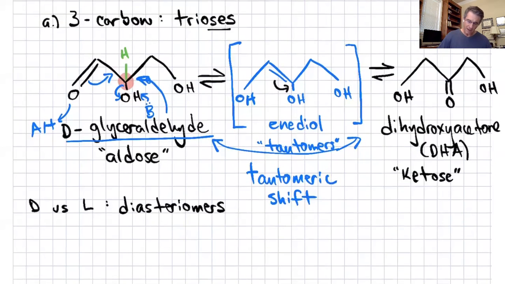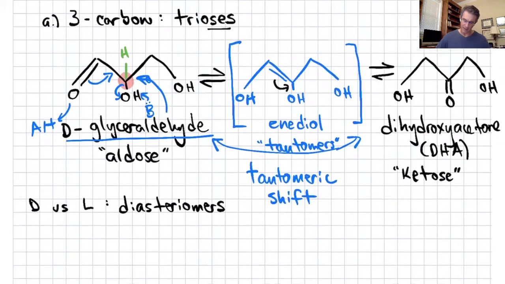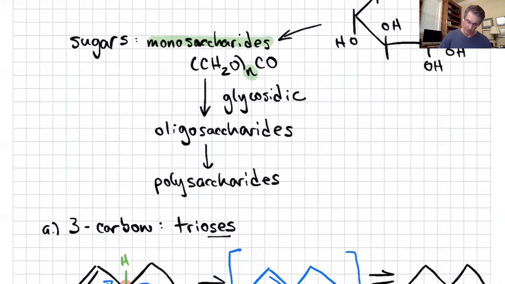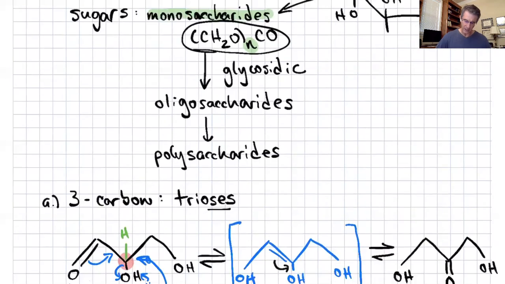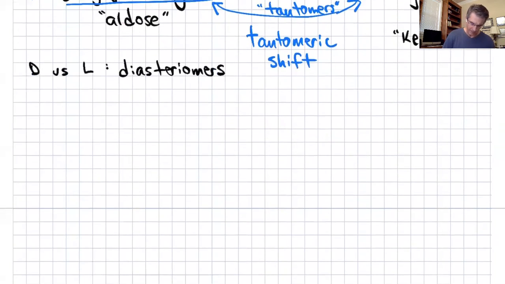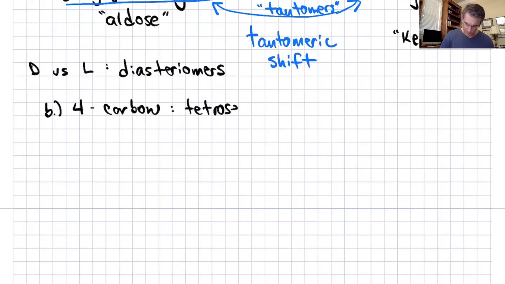So next up the line, if we expand that basic fundamental unit of saccharides, we go up another carbon. We could go up to 4 carbon. That would, of course, be the tetroses. There are some important tetroses in biochemistry.